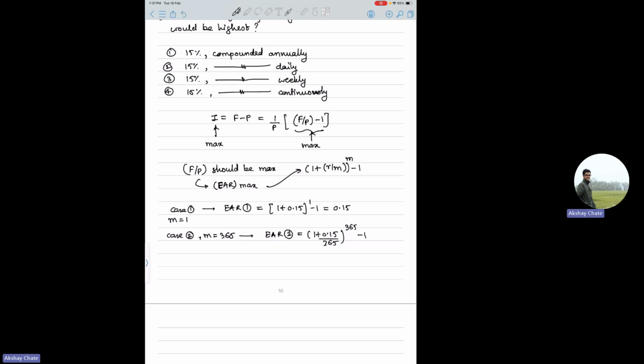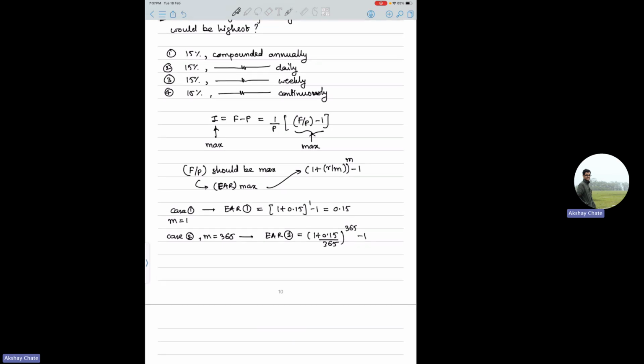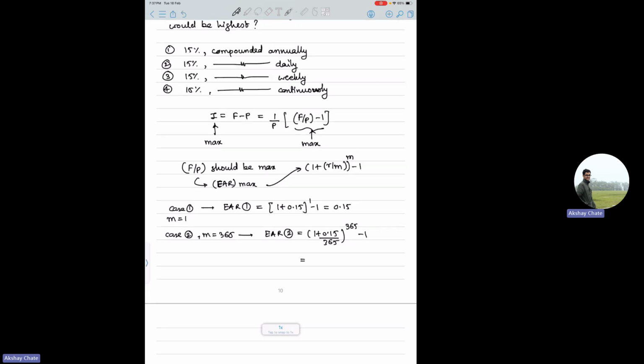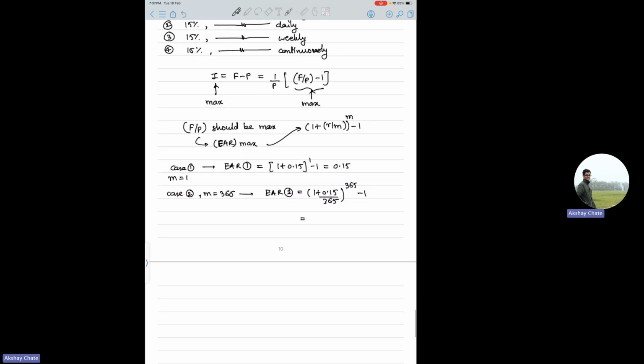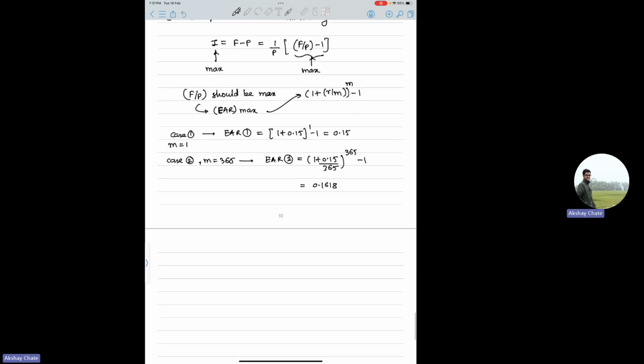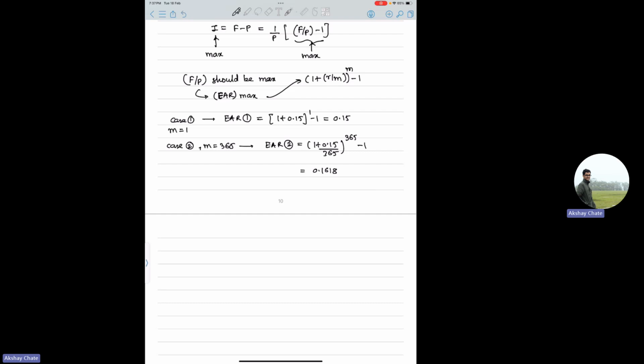If you do this, you should get 0.1618. So in this case it is higher than case 1.